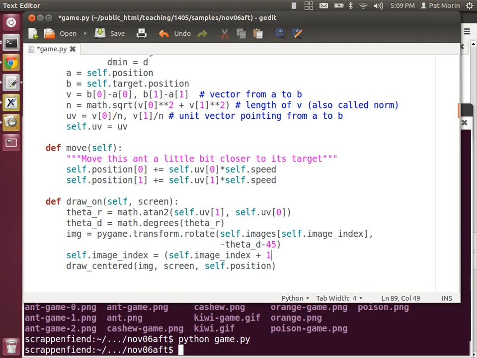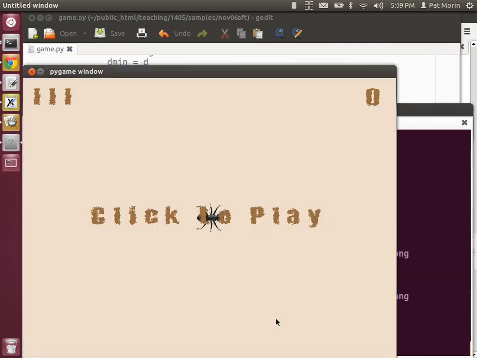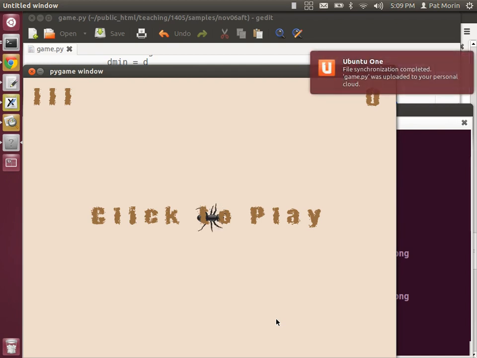After we draw it? Let's try that. So we want this image index to cycle 0, 1, 2, 0, 1, 2, 0, 1, 2. And so that means we add 1, and we do the whole thing mod 3. So let's see what that does.